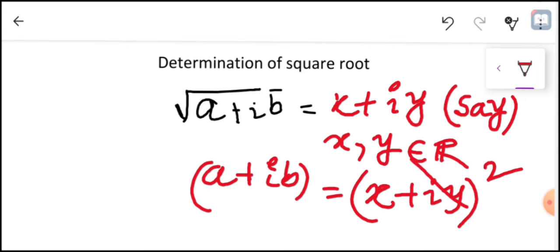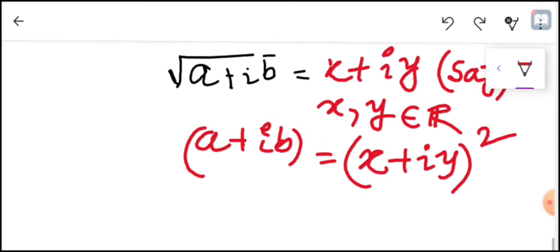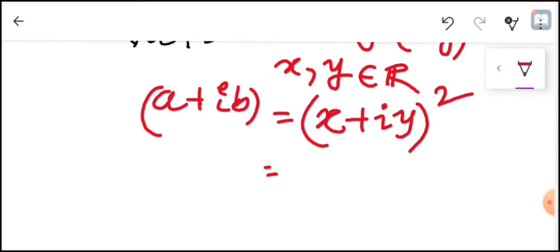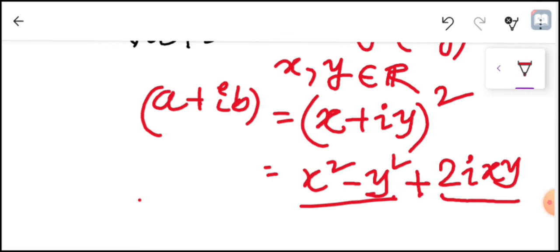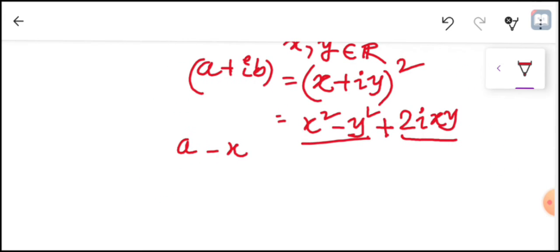If we expand this, then we get x squared minus y squared plus 2ixy. So this is the real part, this is the imaginary part. So a becomes equal to x squared minus y squared, and b is equal to 2xy.